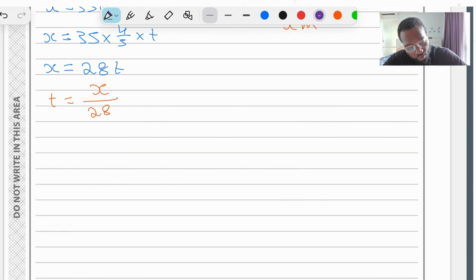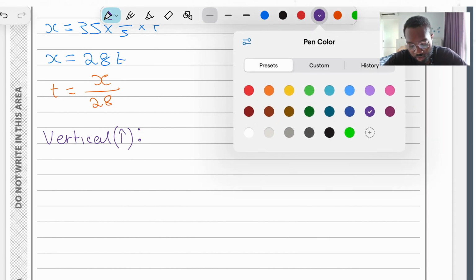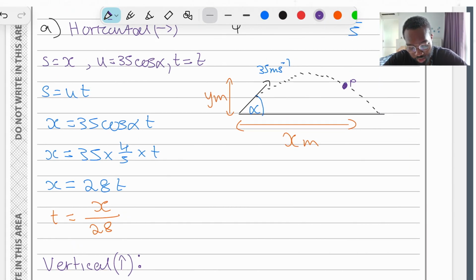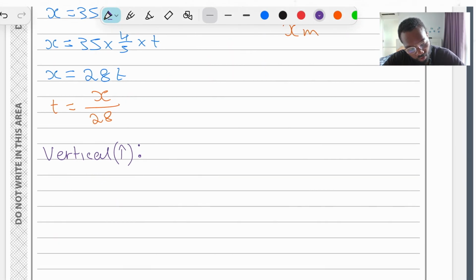Now let's do the same thing for the vertical. Vertical is very important to make sure you specify which direction you're doing, because that will change values. In this case, for the vertical, the distance is simply this y value, so s is equal to y. Our u, because it's vertical, is now going to be 35 sine alpha.